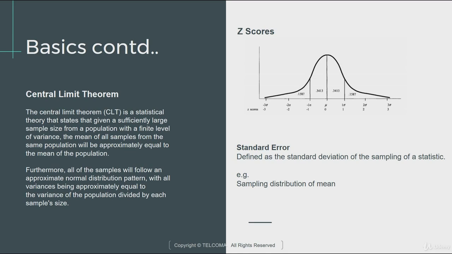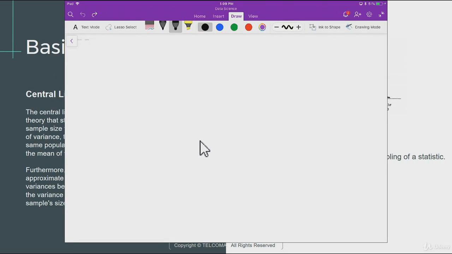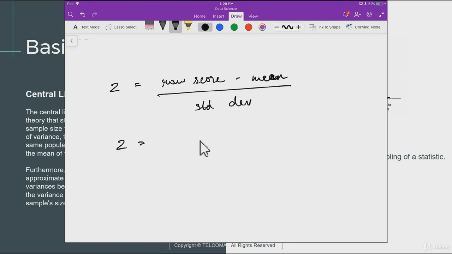The z-score has a formula: z-score is equal to the raw score minus the mean, divided by the standard deviation. Now, if you interpret this value, z equals raw score minus the mean over standard deviation.